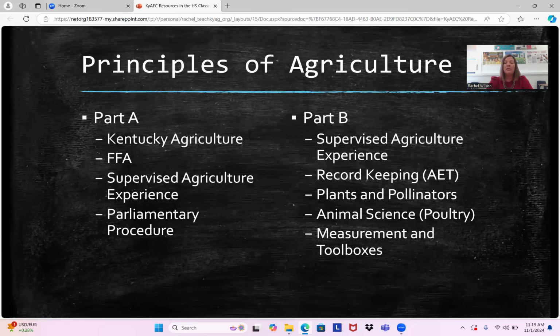So plant and pollinators, animal science, and we actually focus just specifically on poultry. And then we have a measurement unit where students learn to measure a toolbox or learn to read a tape measure, and then they actually build their own toolboxes. But today, what I want to focus on is the Kentucky Agriculture Unit, because Kentucky Agriculture and Environment in the Classroom has so many wonderful resources that can really highlight agriculture production across the bluegrass.